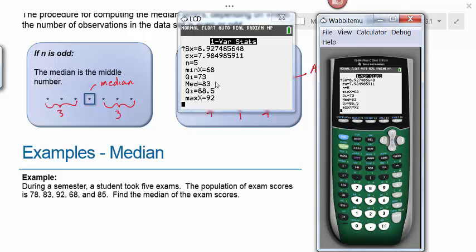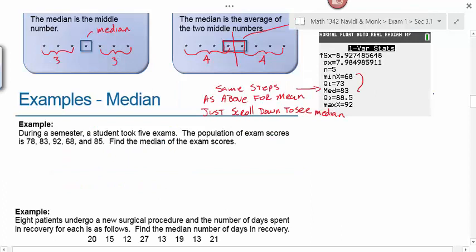MED stands for median. So you go through the exact same steps to find the median as you did to find the mean on the calculator. You just have to scroll to the bottom of the screen to see the rest of it. And later on, we're going to see that we need all 5 of these numbers in section 3.3. This is called our 5-number summary, and we can use these 5 numbers to make what's called box plots.